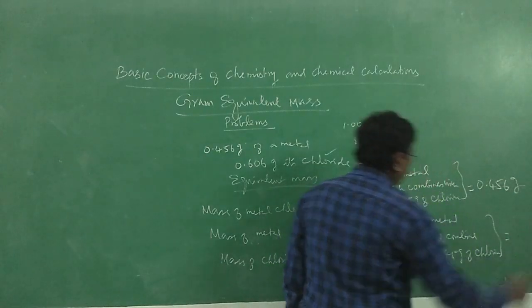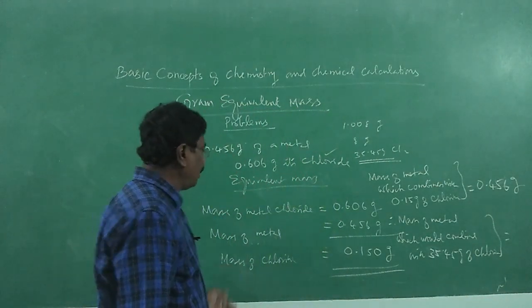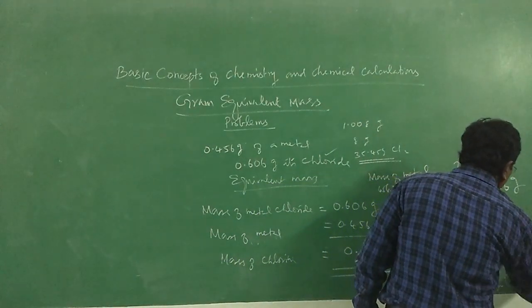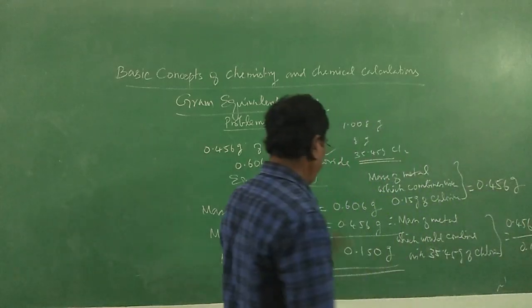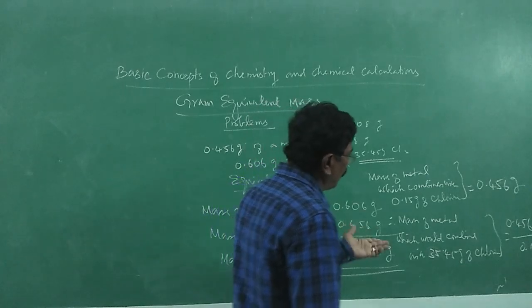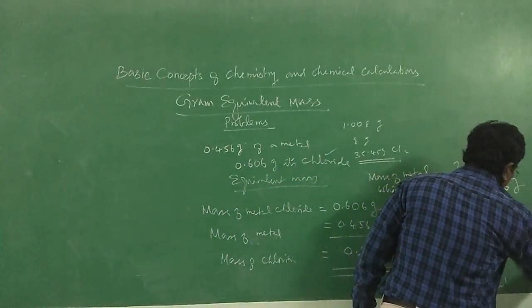In our experiment, 0.15 gram of chlorine reacted with 0.456 gram of metal. Therefore, the mass of metal that would combine with 35.45 has to be calculated. That will give the answer.